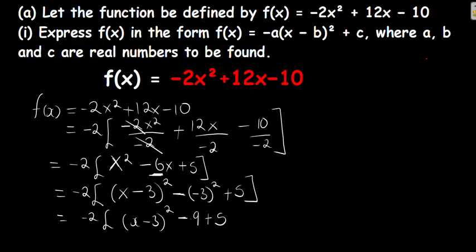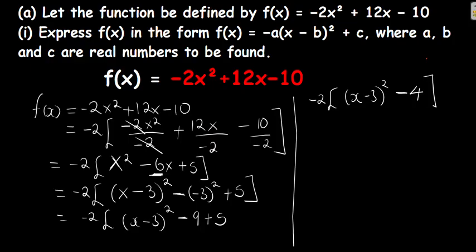So after you have reached that point, what's the next thing that you do? It will be negative 2, then x minus 3 squared, then negative 9 plus 5. What's the answer? You shall find the answer there to be negative 4.